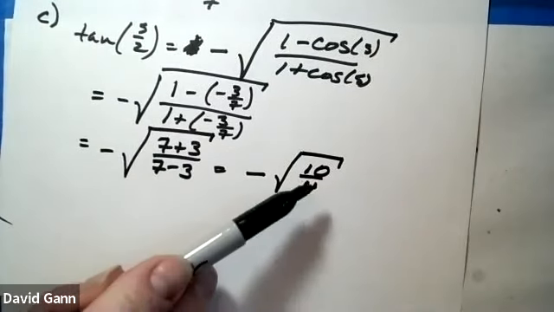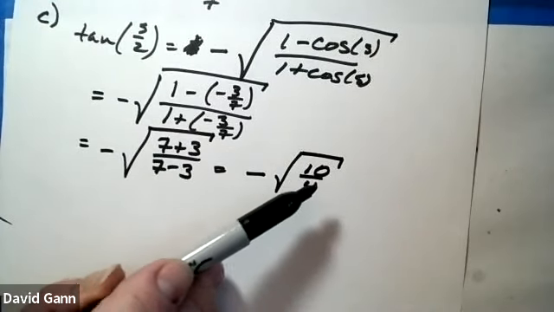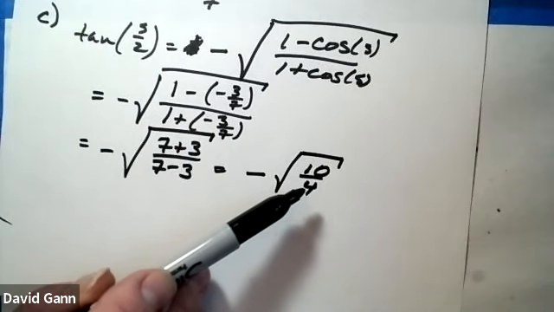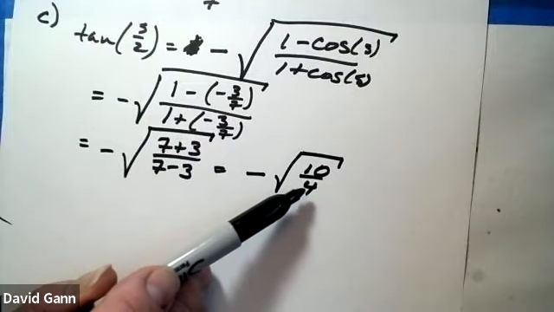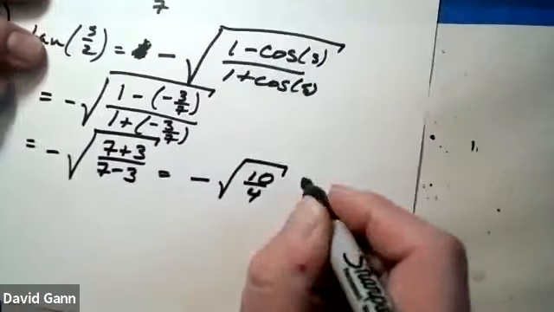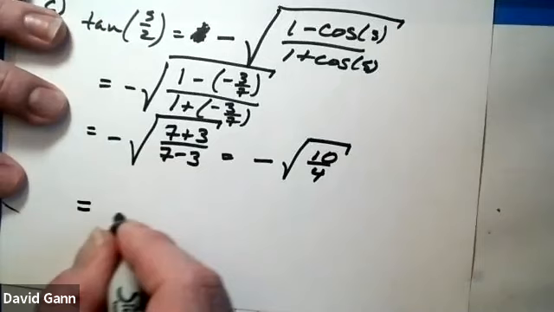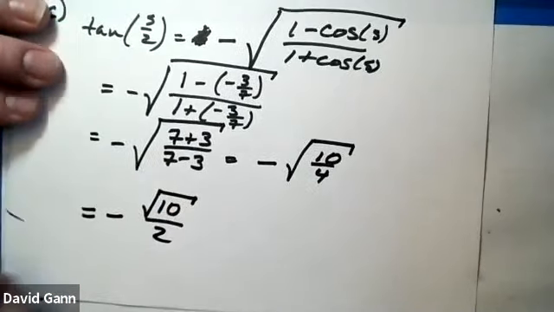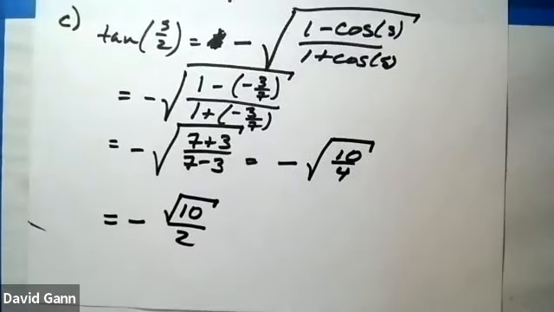And normally I would say you've got a common term in this fraction, but that's a perfect square in the denominator. Let's not make too much of this and just realize that this is minus square root of 10 over 2, and it's as simplified as it needs to be.